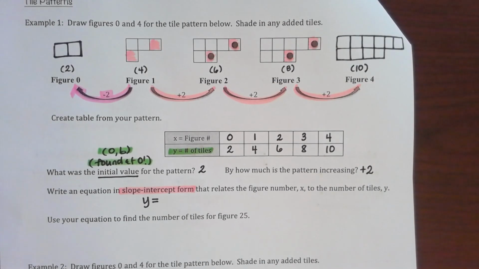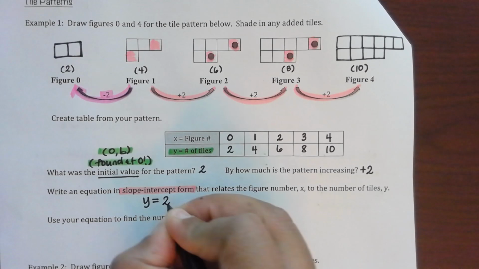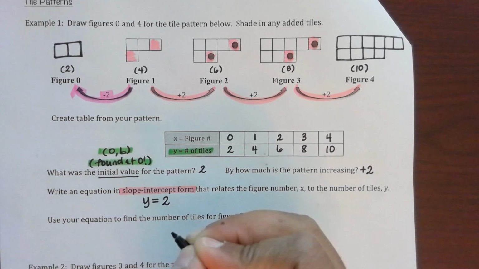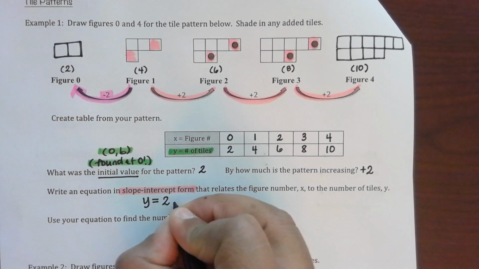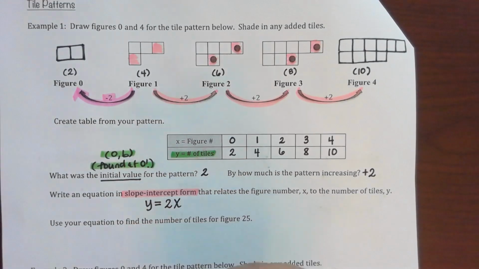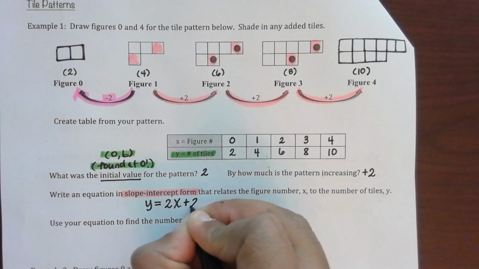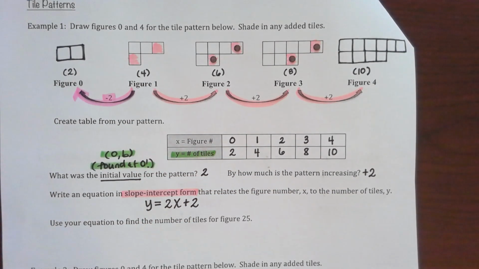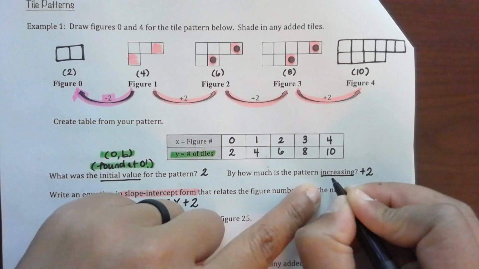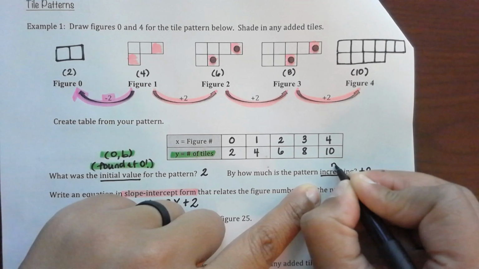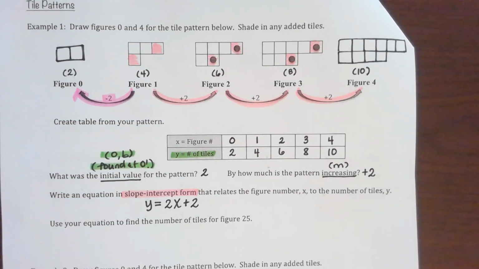What comes next? M. What is your M in this case? 2, because what is it increasing by? Then what comes next? X. Then what comes next? Plus what? 2, because isn't 2 our initial value? That's where it came from. Any questions? When you see increasing or decreasing, that is M.